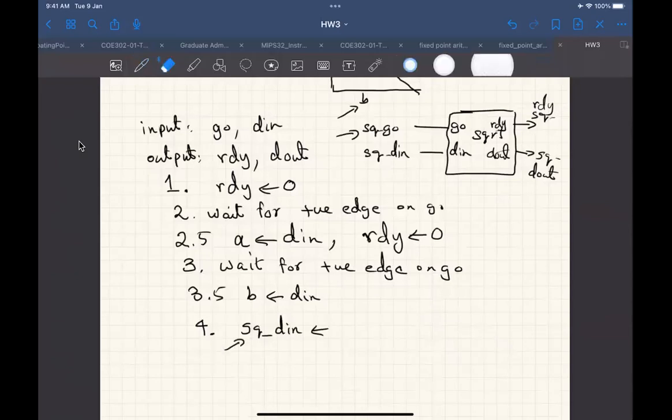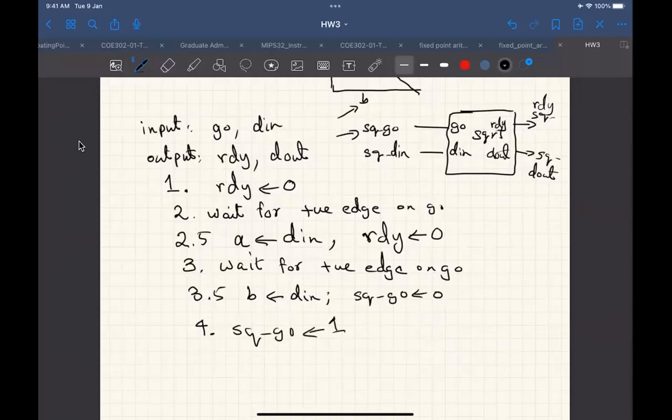So first of all, we have to initialize the square root go. We can initialize it in this step. Square root go is 0 here, and here square root go is 1. And at the same time, I will set my square root dn to be A squared plus B squared.